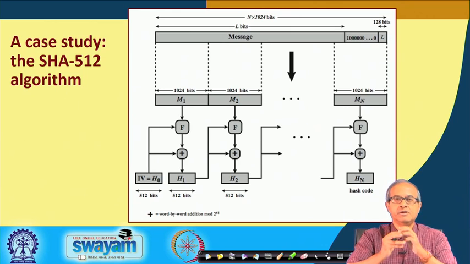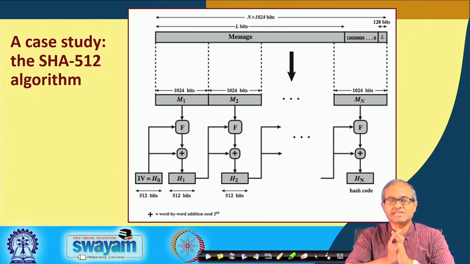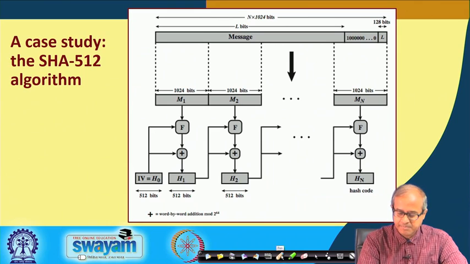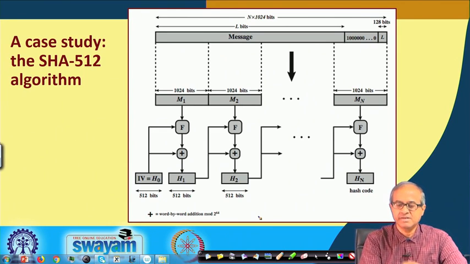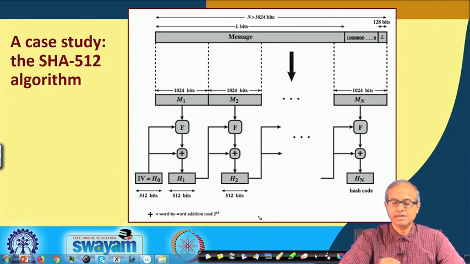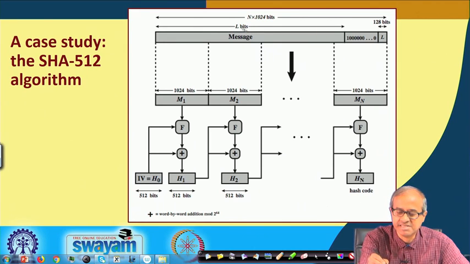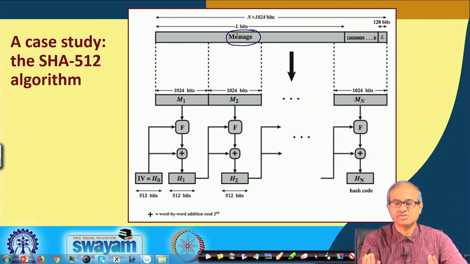Okay, so let us now look at a case study. I talked about the various hash families. SHA is one such very popular hash family, and SHA 512 is one of the strongest members of that family. Very broadly speaking, I am not going into detail; just to look at what we are doing here, I have the message that I want to compute the hash value on.